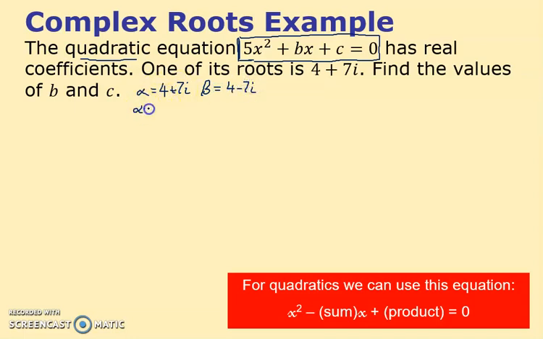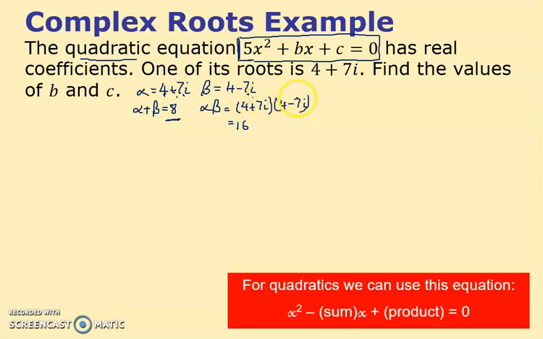So, okay, that's easy enough. Add them together. Alpha plus beta, this is the sum. Add them together, you get 8 in the real numbers, and obviously the imaginary numbers disappear. That's beautiful, isn't it? It starts off complex, but ends up being a real number. 8. I like that. Alpha beta, there I've got 4 plus 7i by 4 minus 7i. Now you might spot it's the difference of two squares. If you do it, you get 4 4s are 16. Minus 28i plus 28i, they cancel.